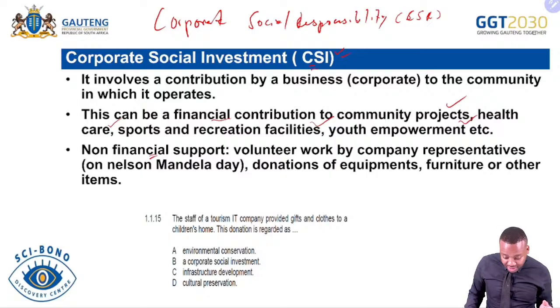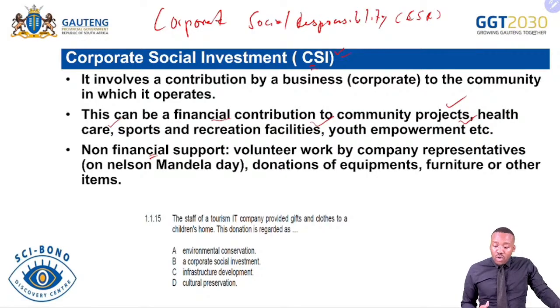The non-financial support, for example, not only when we have Nelson Mandela Day and so on, but time and again, as a tourism business, you need to give back. So the non-financial support can be maybe volunteer work by company representatives. Maybe on Nelson Mandela Day, you go to different homes, you donate equipment, you donate furniture, and so on.